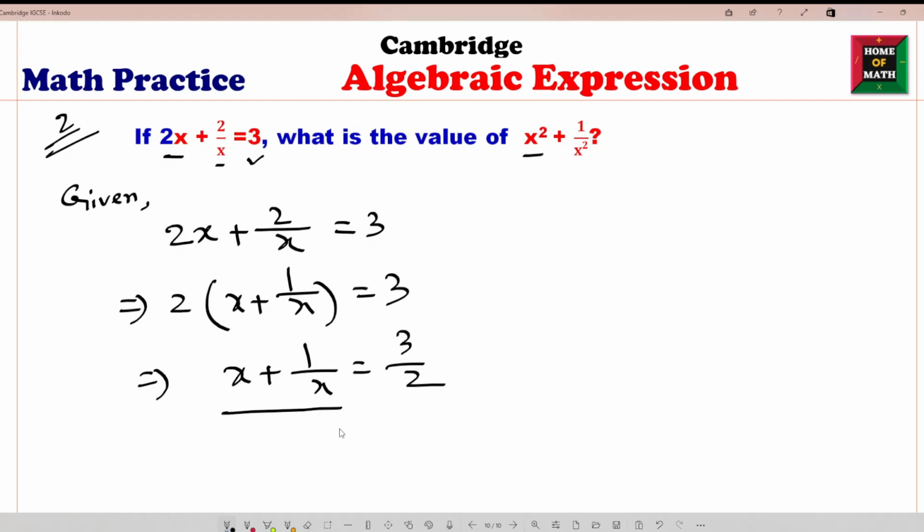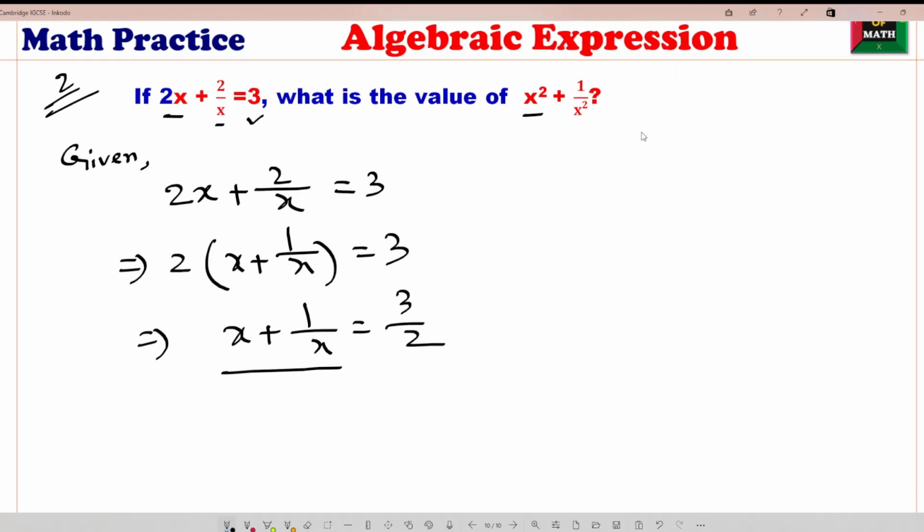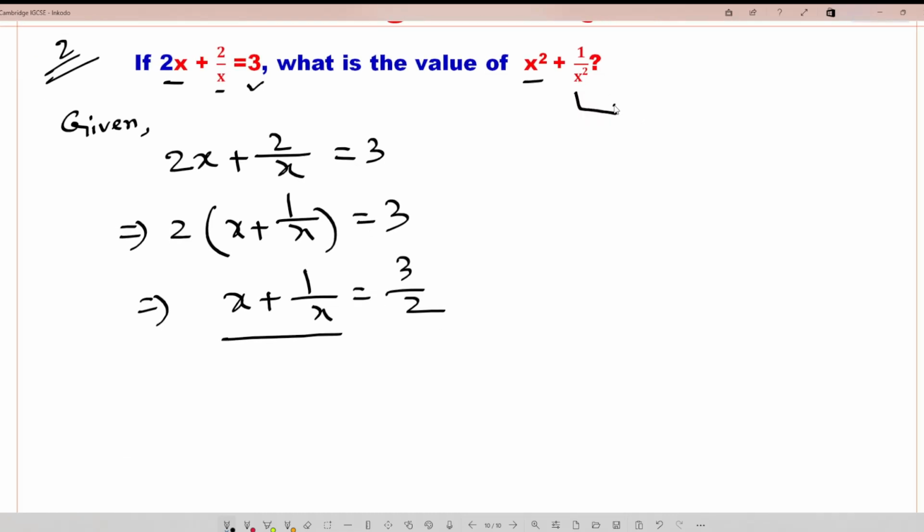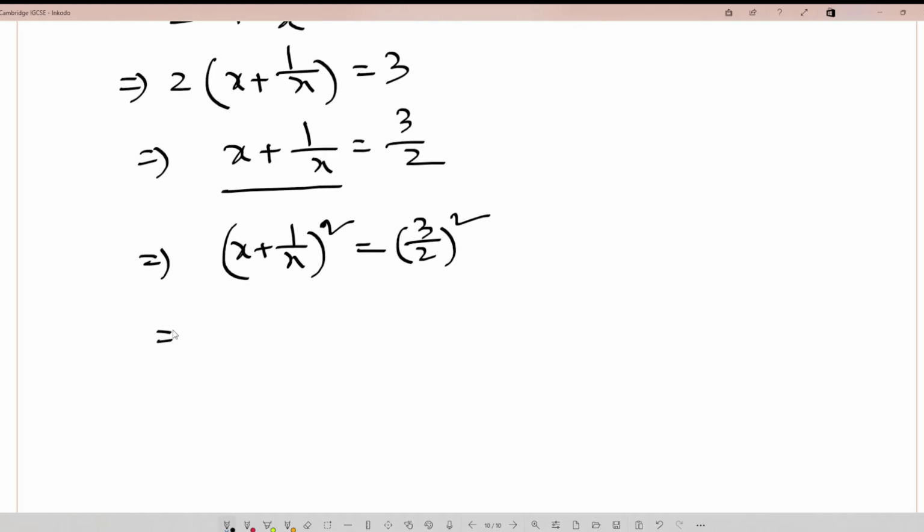Now we can square both sides. So x plus 1 by x whole square equals 3 by 2 square. As per the a plus b whole square rule, x square plus 2 times x times 1 by x plus 1 by x square equals 9 by 4.